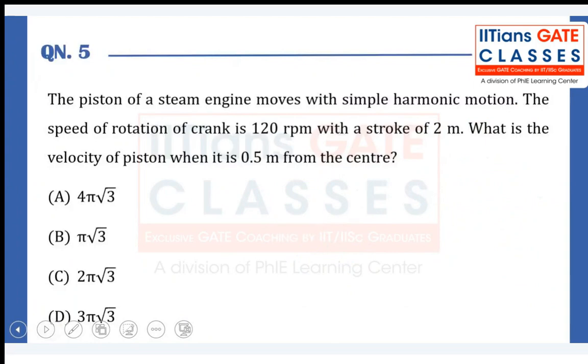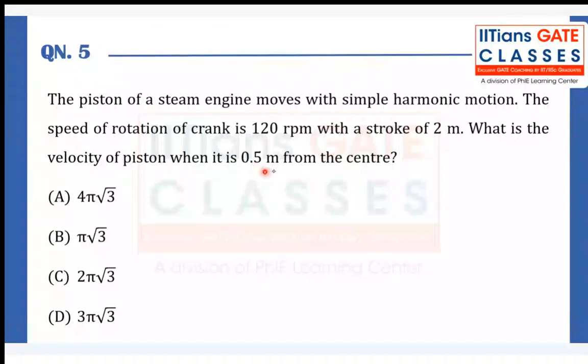Coming towards the next question. The piston of a steam engine moves with a simple harmonic motion. The speed of the rotation of crank is given, but it is in terms of the RPM, not in omega. With the stroke 2 meter, so indirectly they have given the radius of the crank.